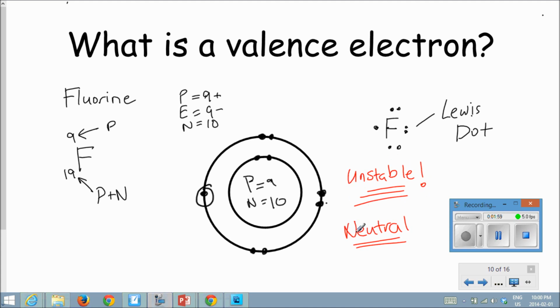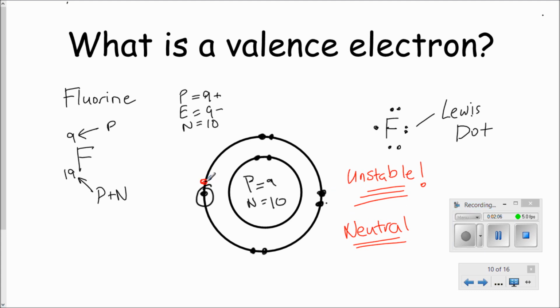All atoms want to become stable. In order to become stable, we're going to have to gain 1 electron. When that happens, every single one of these valence electrons has a pair. We now have 8 electrons, and it will become stable.